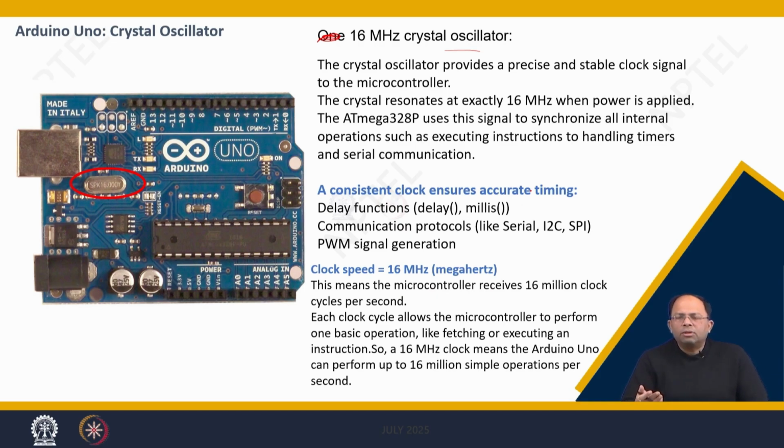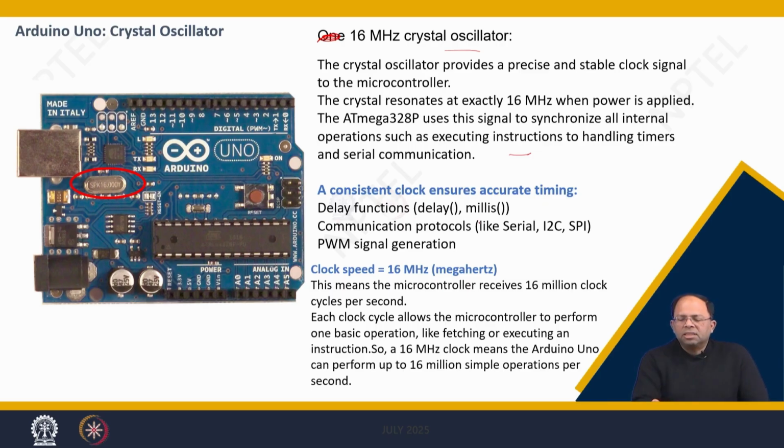The microcontroller is sending a command to the pin saying that keep it delay for 1000, right? That 1000 is a time, and how does it determine that time if it doesn't have this sort of a clock built in, right? So that's a mechanical sort of vibration system which generates the time that is required to run this kind of circuits. So a consistent clock ensures accurate timing.